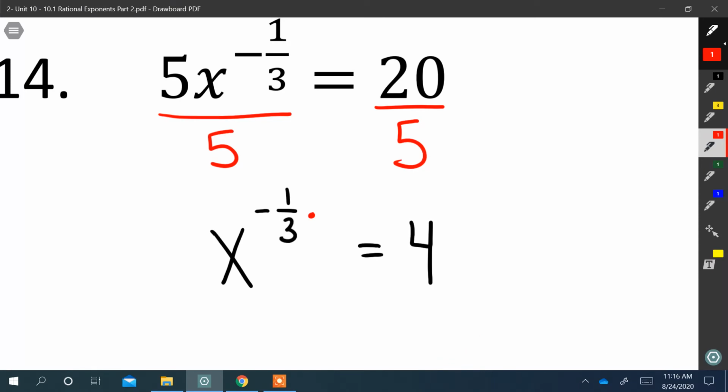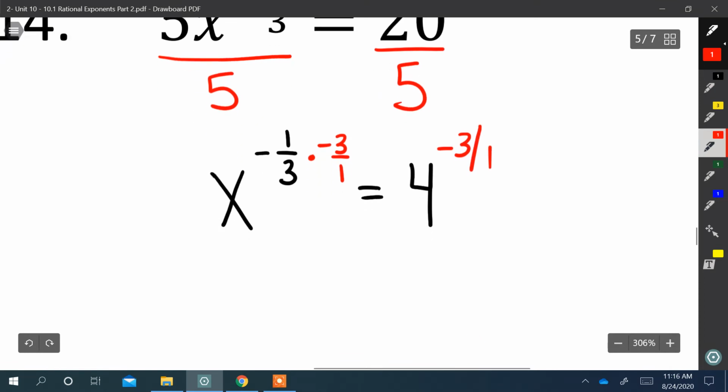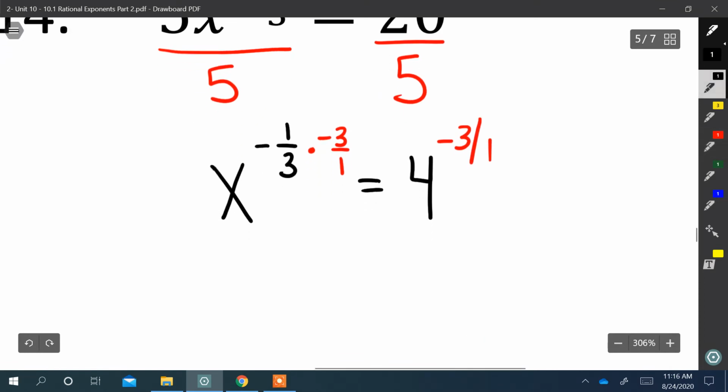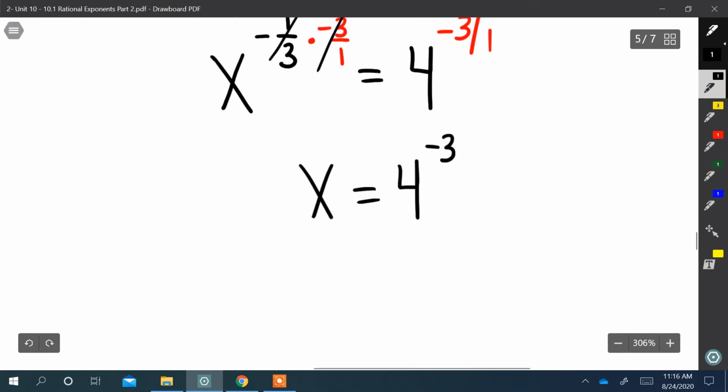We want to multiply times 3 over 1. But since I have a negative right there, and I actually want to get a positive, I'm actually going to multiply times negative 3 over 1. So in this one, it will also be negative 3 over 1. And again, negative 3 over 1 is just negative 3. So all of this cancels out, and we get x is equal to 4 to the negative 3.